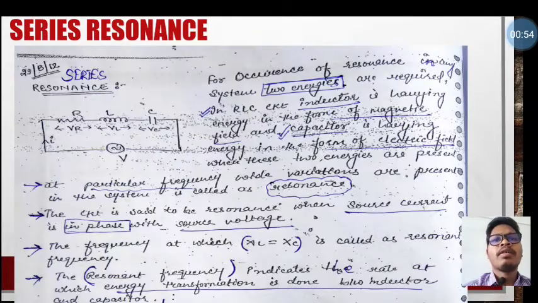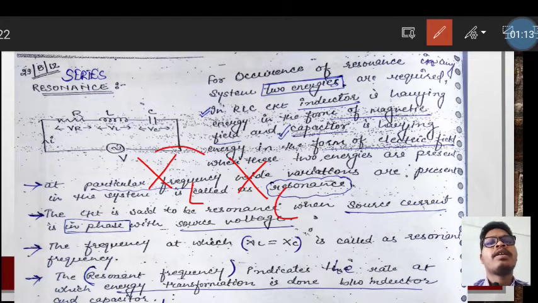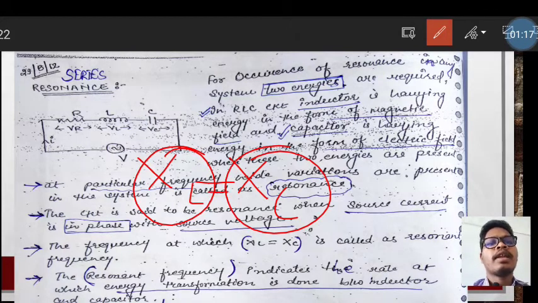Before starting series resonance and parallel resonance, I want to tell you what resonance is. Resonance is the condition when the inductive reactance, XL, and the capacitive reactance, XC, are the same and they cancel each other in a particular network.